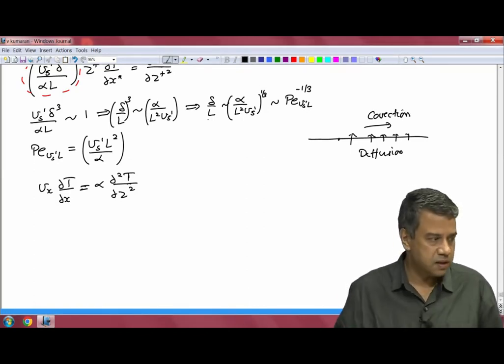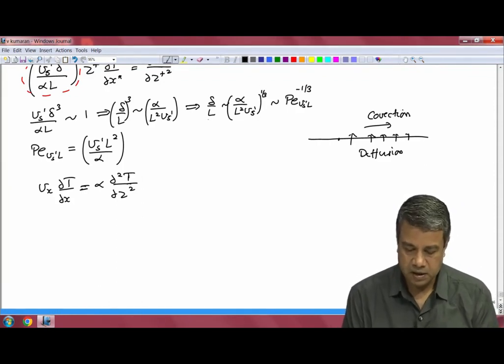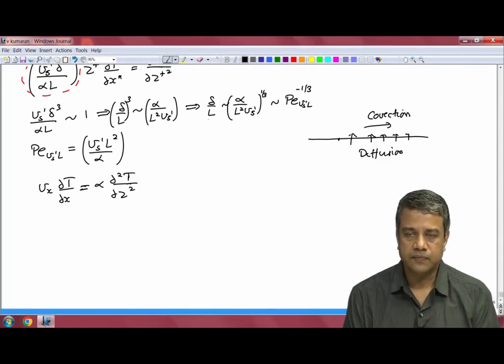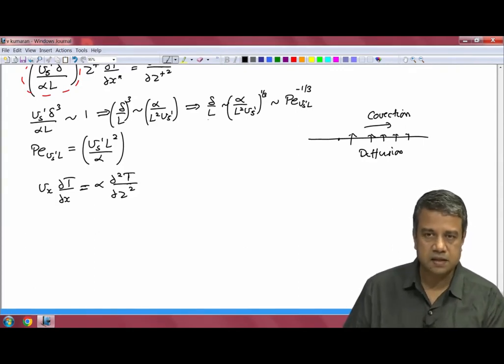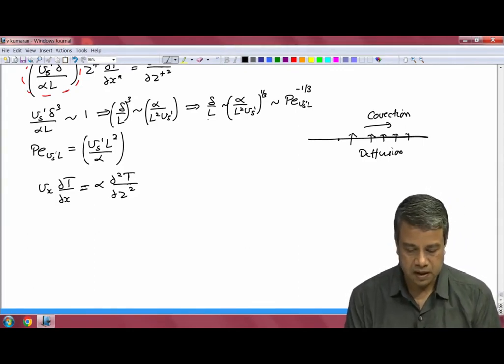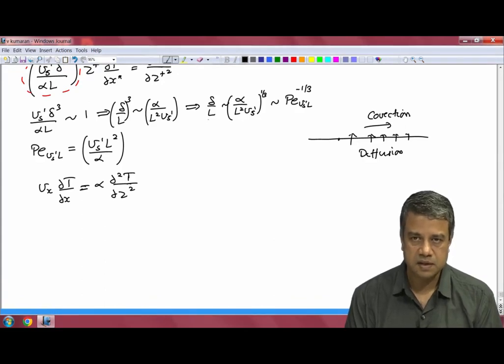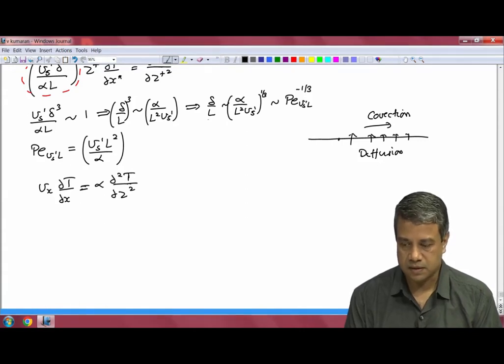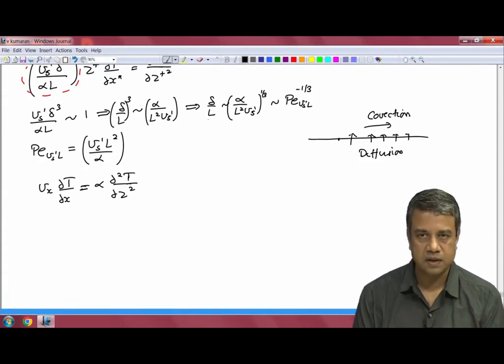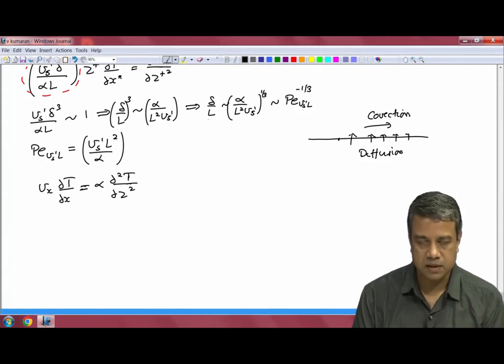And because of that I have neglected the streamwise diffusion term, which is much smaller than the cross stream diffusion term, because the length scale is small and therefore, the temperature gradient is large. So, the length scale is much smaller than the characteristic length scale, and the temperature gradient is much larger than the temperature gradient in the streamwise direction. So, that is the reason I have neglected the streamwise diffusion and I have included only the streamwise convection and the cross stream diffusion.